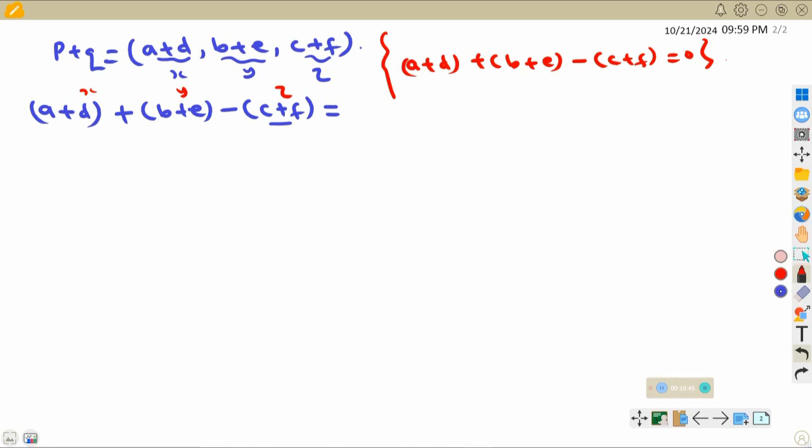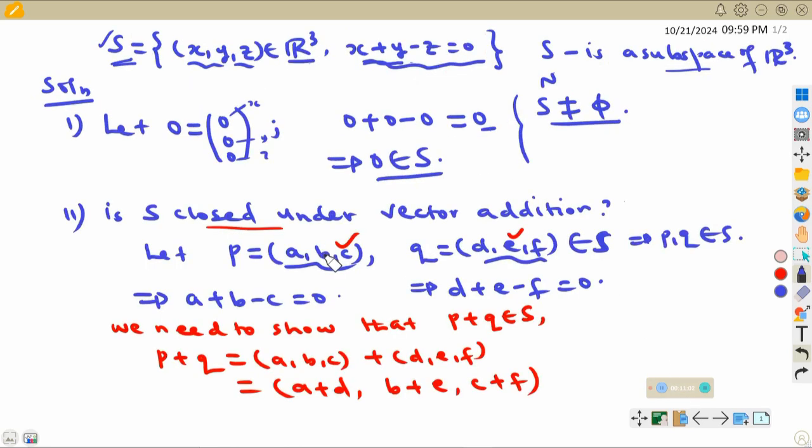So looking at this, let us try to add A plus D plus B plus E, or when I open this bracket, minus C minus F. When I look at this, remember that when we were starting here, we already defined that P and Q are elements of S, and A plus B minus C is equal to 0, D plus E minus F is equal to 0.